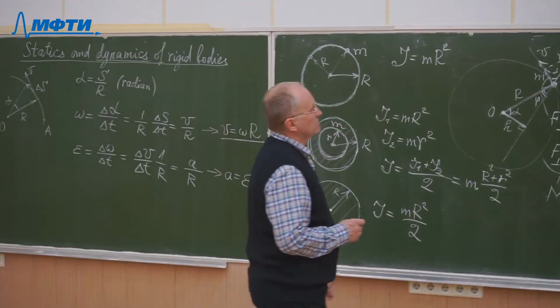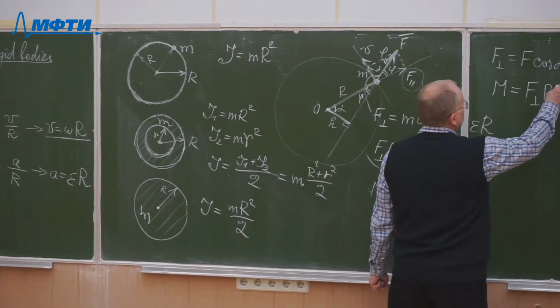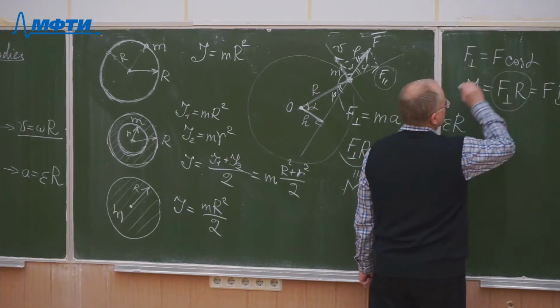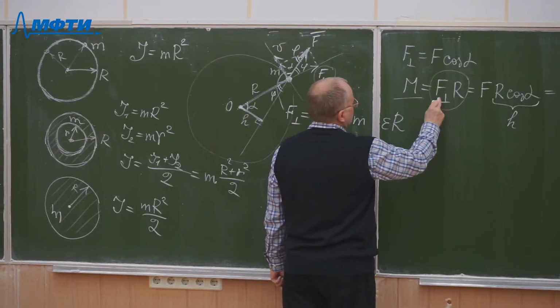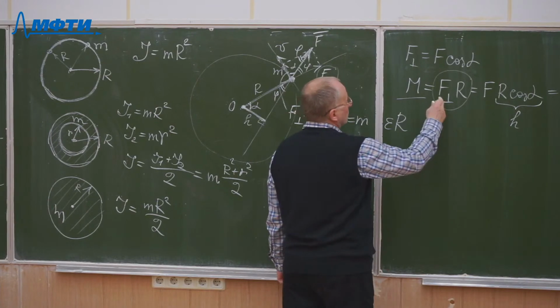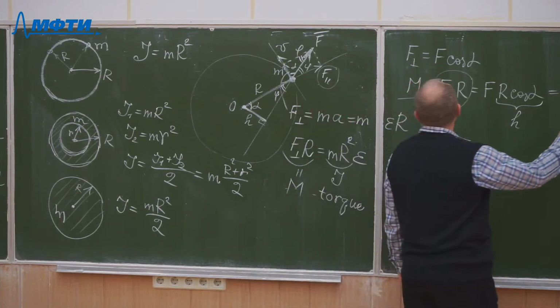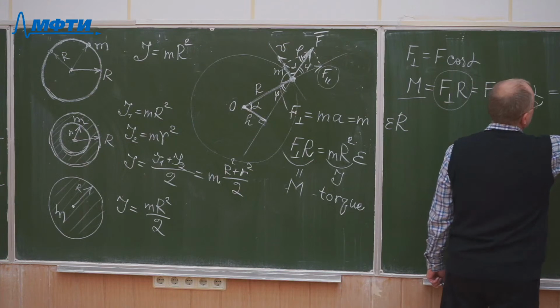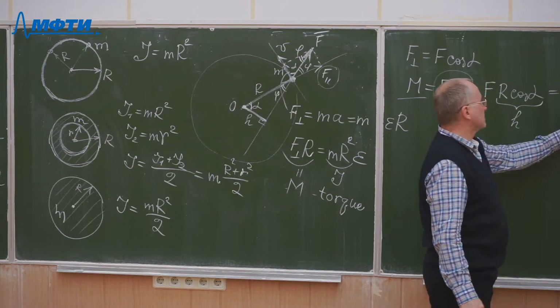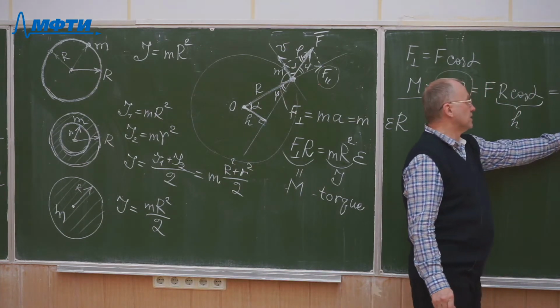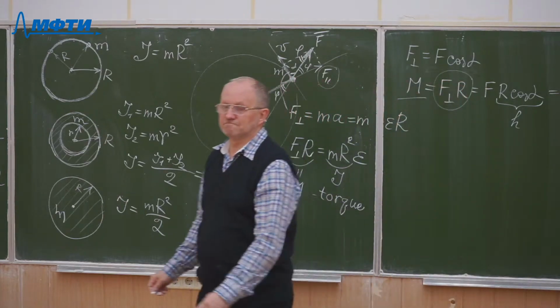Both presentations of the torque are very useful. In some problems, it's more convenient to calculate the torque as the perpendicular component of the force times radius. And in other problems, it's convenient to represent the torque as the force itself, its magnitude, times the arm of the force.